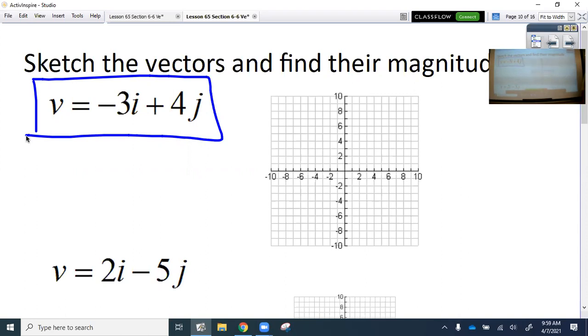All right, to graph that vector, to draw that vector, all I have to do is count over, okay, negative 3 in the I direction, 4 in the J direction, and there's my vector.